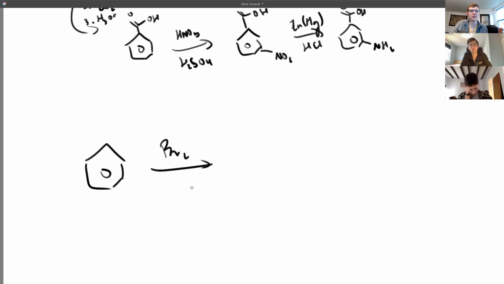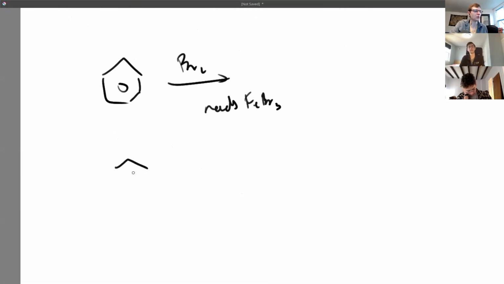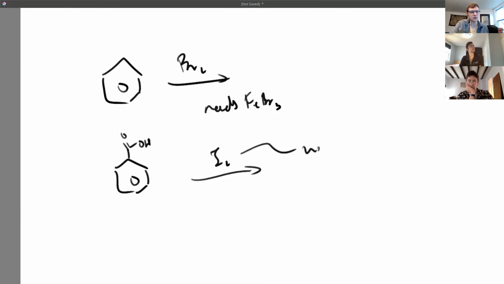So this needs like FeBr3 or aluminum trichloride or whatever, right? And if you had a deactivating group, this is going to need even more work to get something on there. And we're also using iodine, which is weaker than bromine.